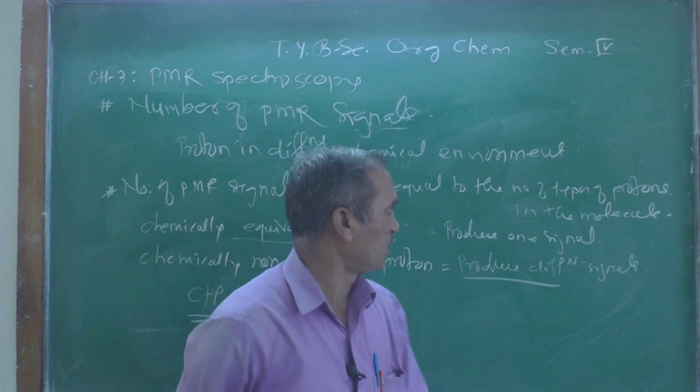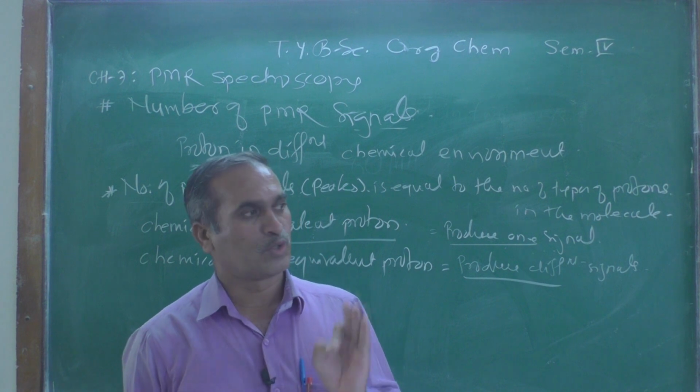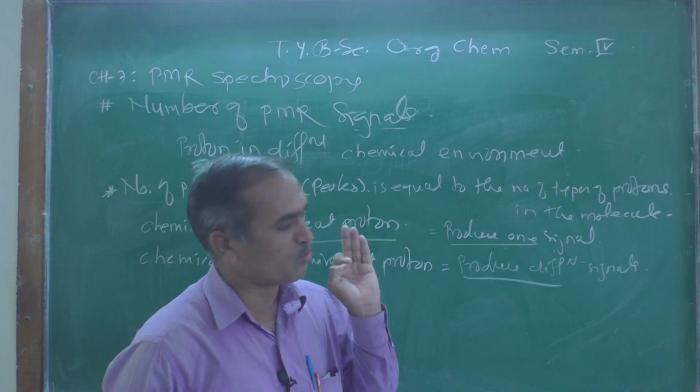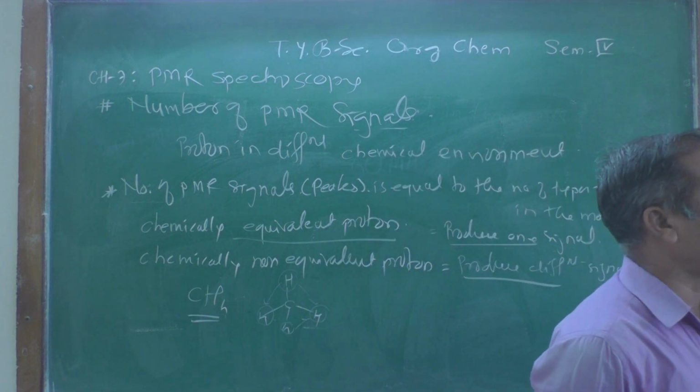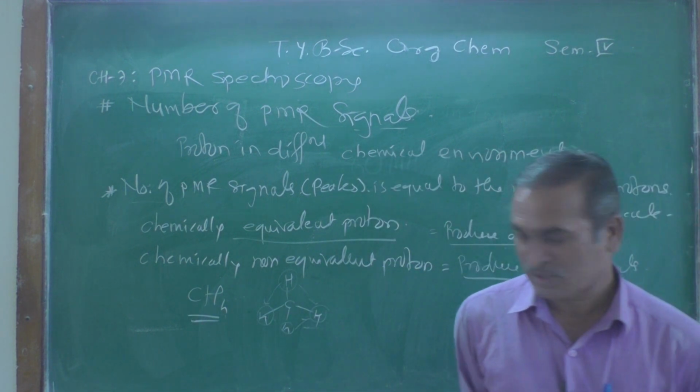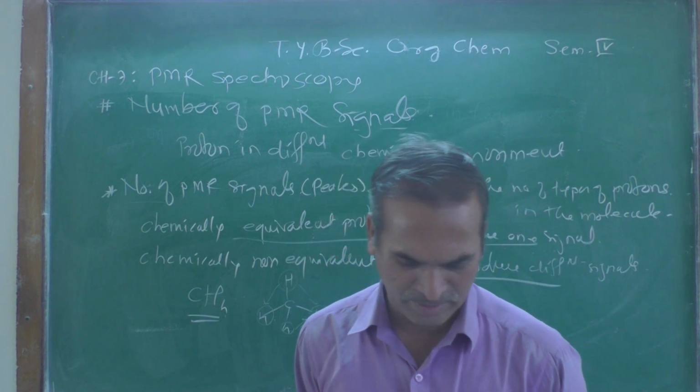And as we know, chemically equivalent protons produce only one signal, only one peak, or only one band is observed in a PMR spectrum. That is a point you must remember.